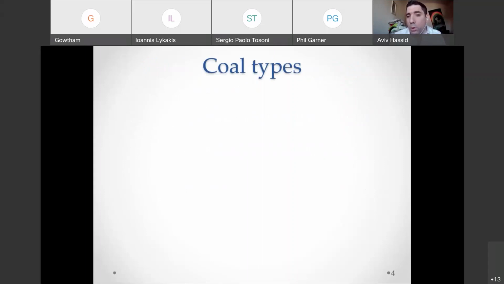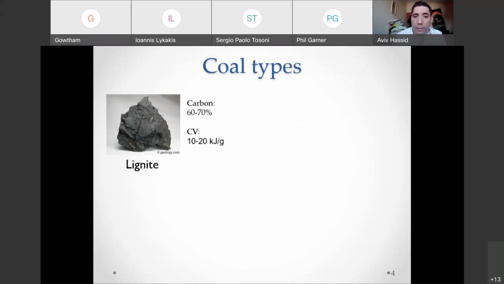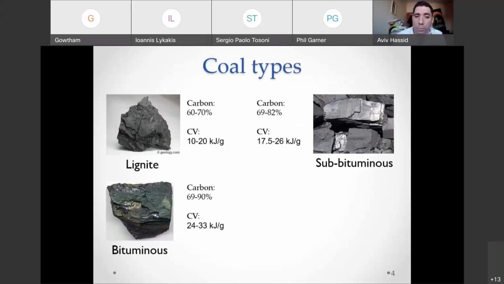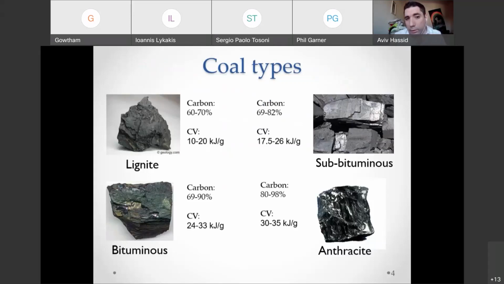Now, we divide the coal into mainly four types of coal: the lignite, the subbituminous, bituminous, and anthracite. They mainly differ from each other by the carbon percent and the calorific value, where the lignite has the least of both and the anthracite has the most.